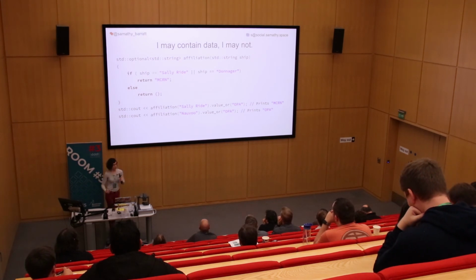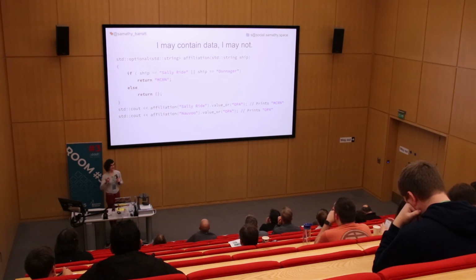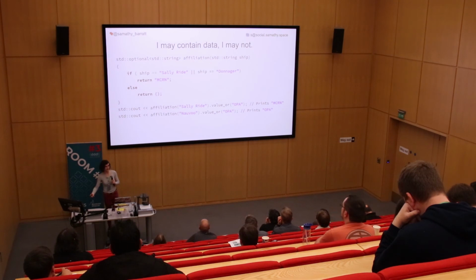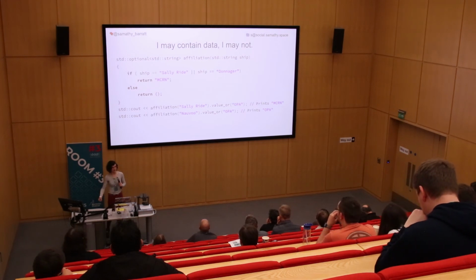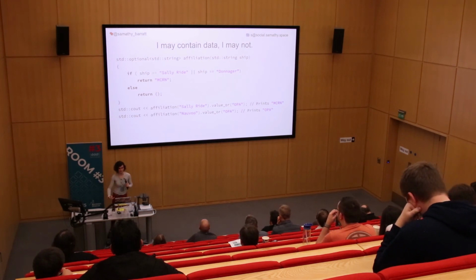But what's important about optionals is that it's a detectable nothing. It doesn't contain the empty string, it doesn't contain a null pointer, it doesn't contain anything like that. It contains something you can ask, is this nothing? And it will tell you it's nothing, not a string.